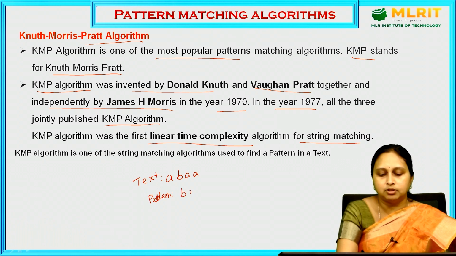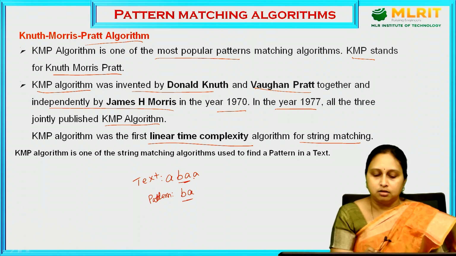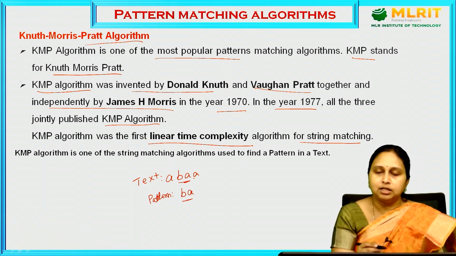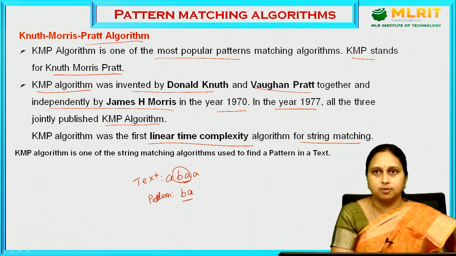Suppose the pattern I am checking for is BA. If this pattern is present in the text, then we can say the pattern is there in the text. That is nothing but string matching.